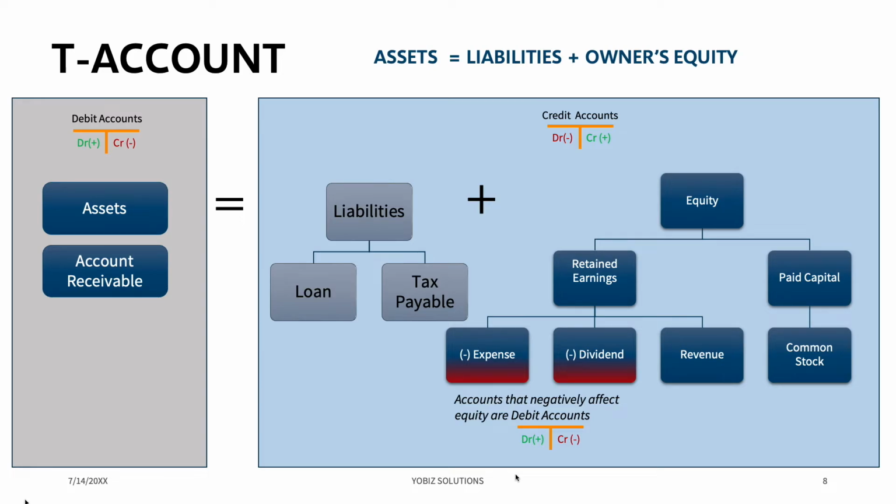That means they are negatively affecting the equity. So all these sub accounts that negatively affect the equity will be debit accounts. So that is, in a nutshell, all you need to know when you add a transaction: what kind of account you need to create, you look at this hierarchy of the accounts, and then you assign whether the account is a debit account or a credit account.